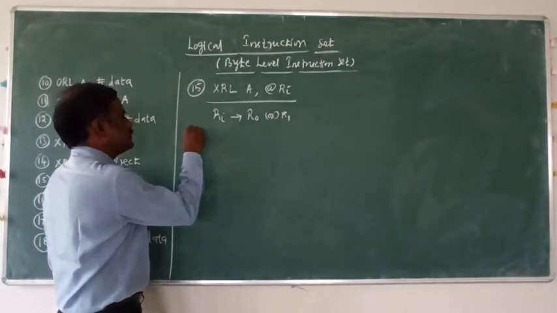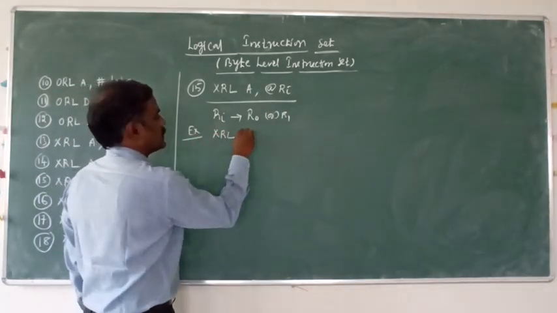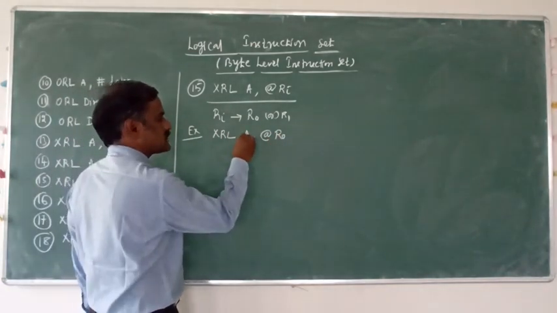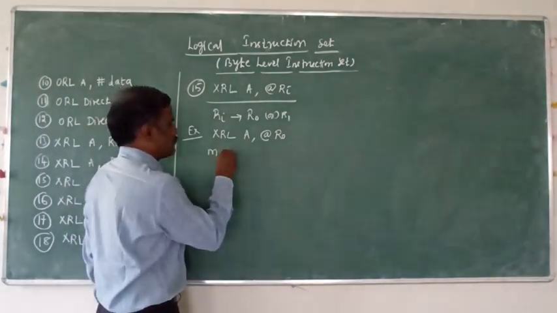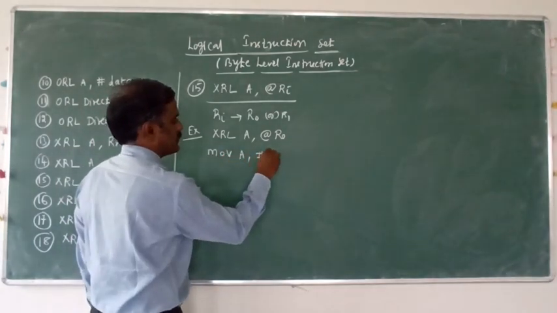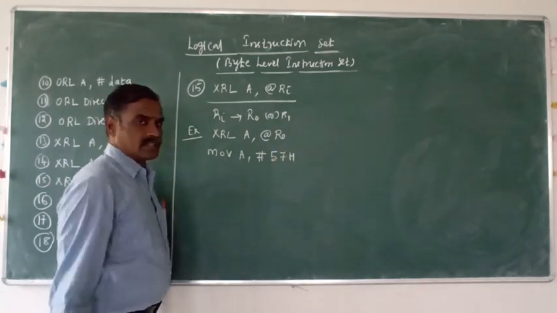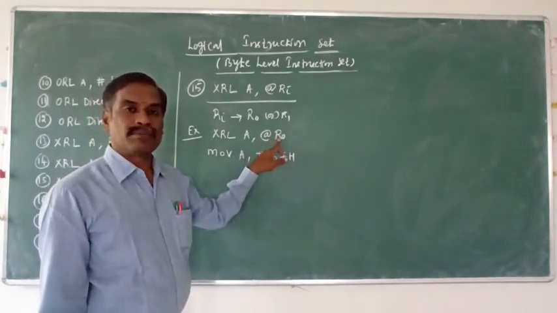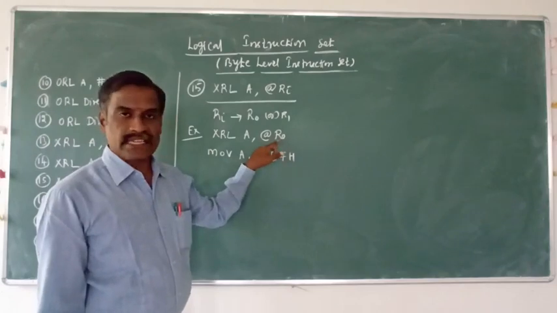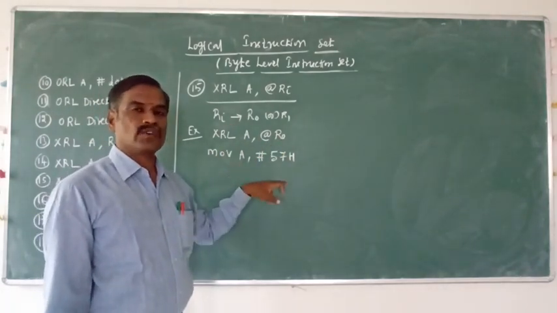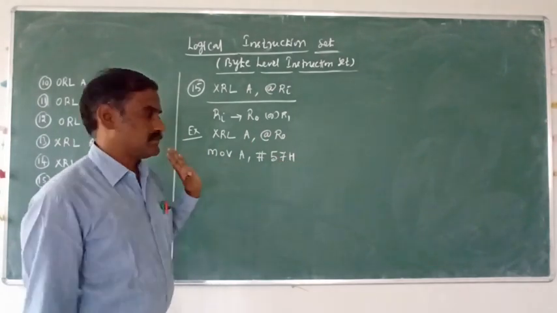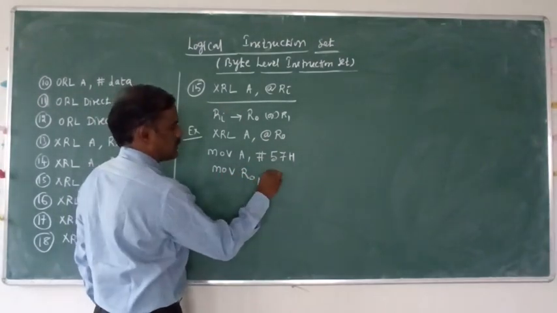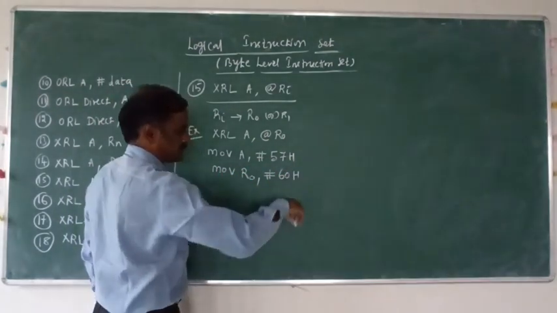Example: XRL A, @R0. First we have to initialize the data in the accumulator. For that, MOV A, #57H. The 57 data is moved to the accumulator. Next we initialize the memory in an internal register: MOV R0, #60H.